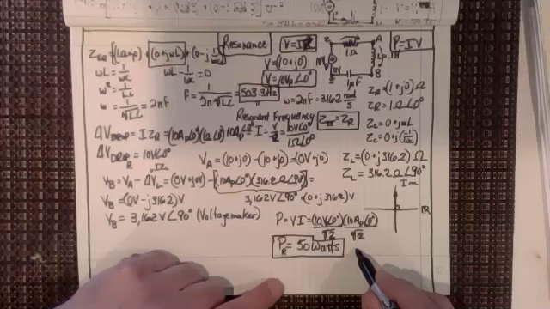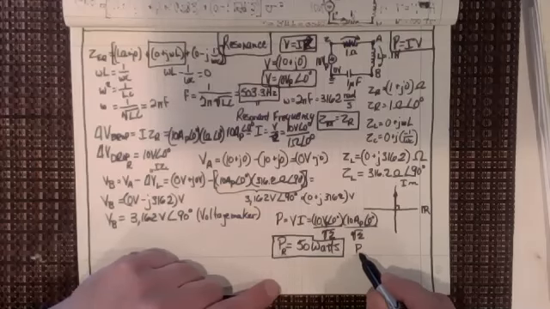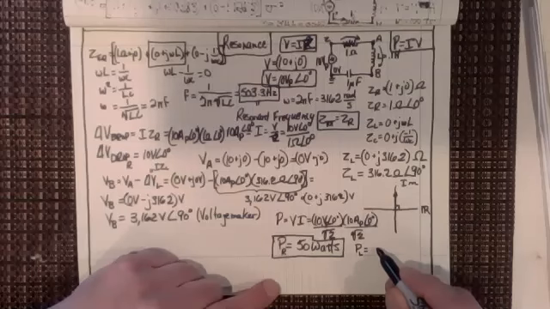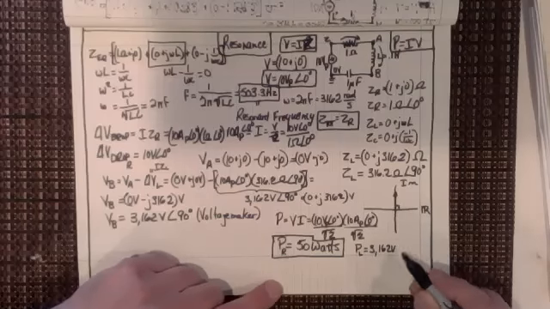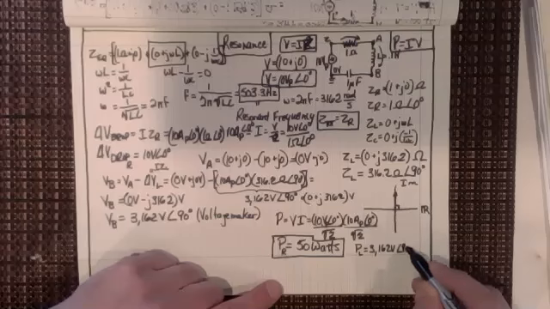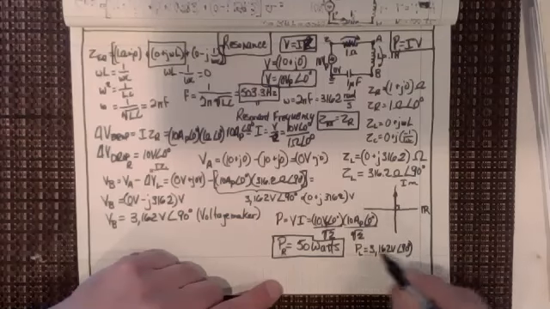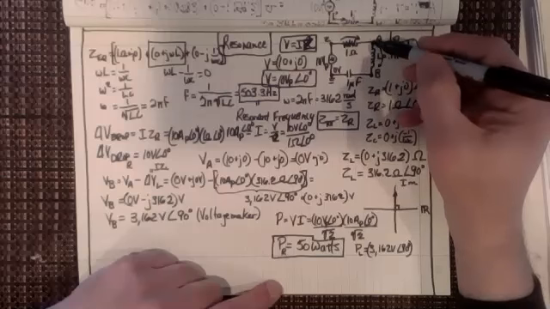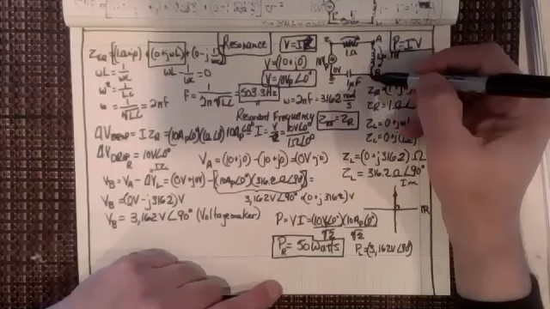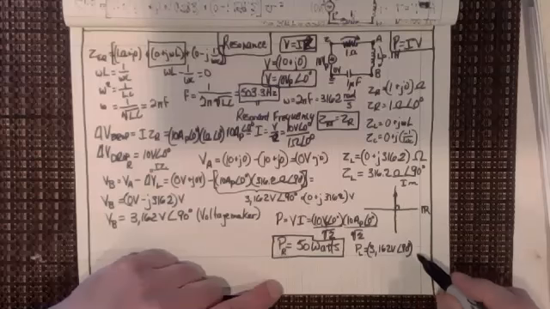And if we look at the power in the inductor, I've got 3,162 volts at 90 degrees across there, because this is 0 at 0 degrees. So the total is 3162 at 90 degrees.